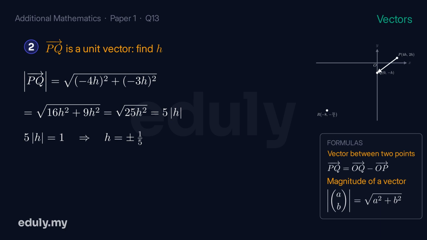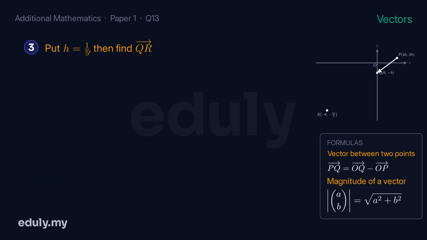Set that equal to 1, and h is plus or minus 1 over 5. But P sits in the first quadrant, so h has to be positive. We keep 1 over 5 and reject the negative.